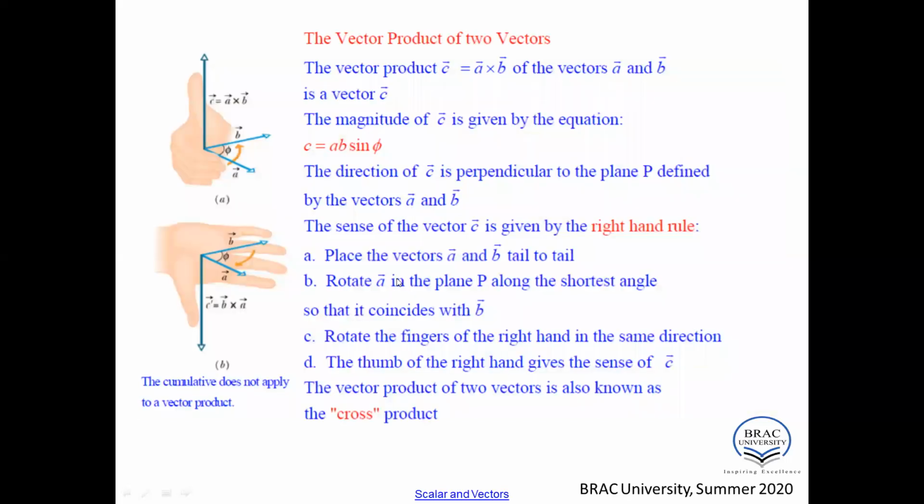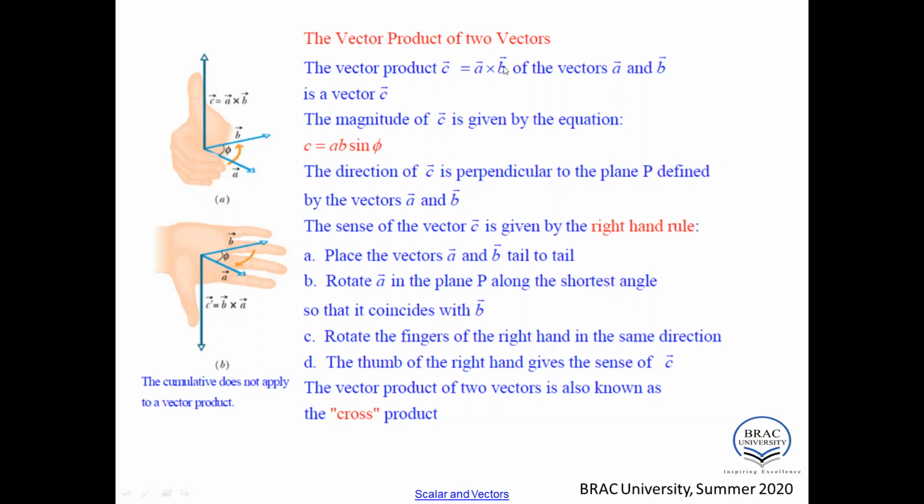Now let's go to the vector product or cross product. The vector product of two vectors A and B, as shown in the figure, is A cross B equals AB sine phi, which is the magnitude, because in case of vector product the result is a vector quantity, which has both magnitude and direction.